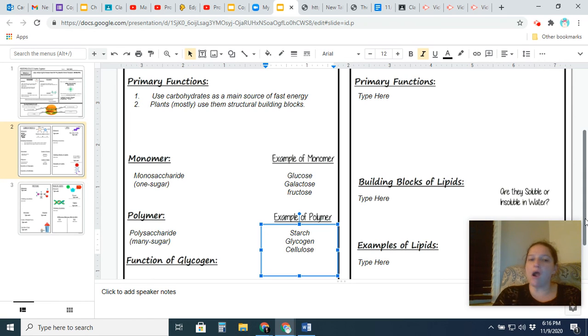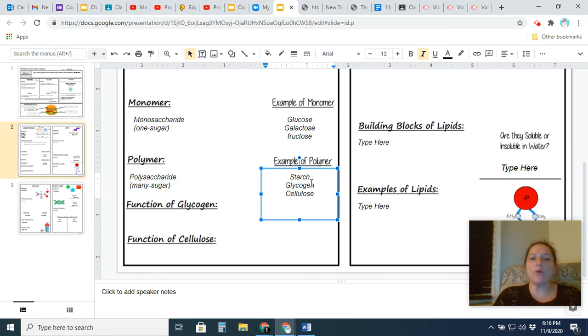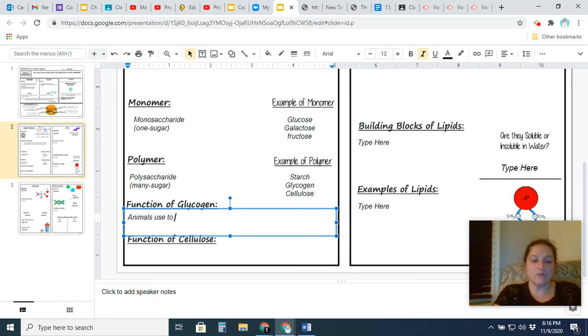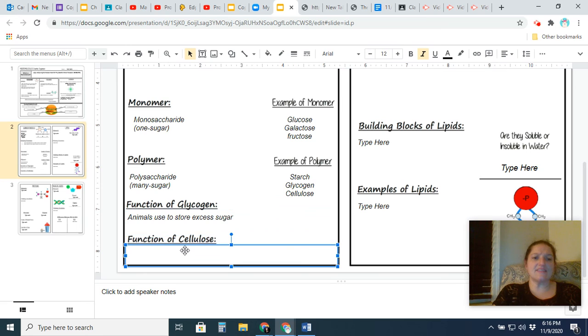Okay. All right, so the two important ones listed here are glycogen and cellulose in terms of their polymers. Glycogen is a way that animals use to store excess sugars. So it's a way of storing energy, okay? And cellulose, we already talked about this a little bit. It gives plants structure.